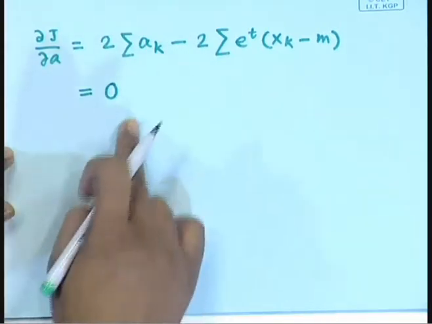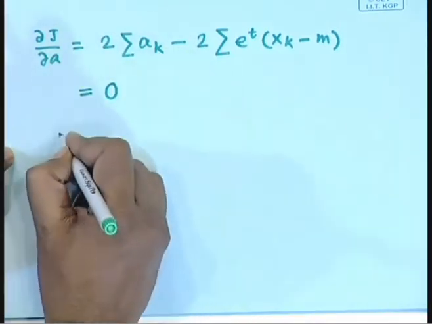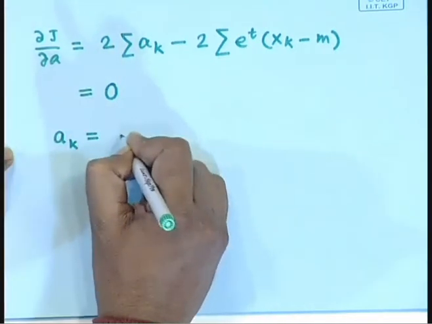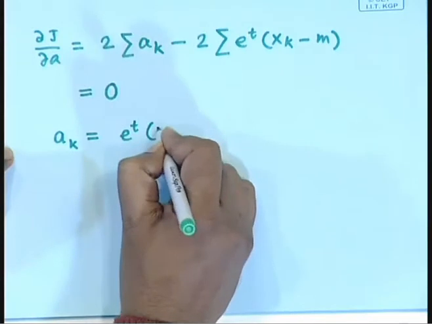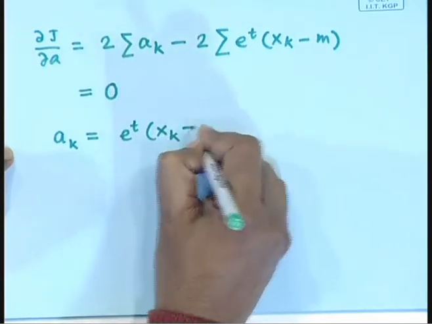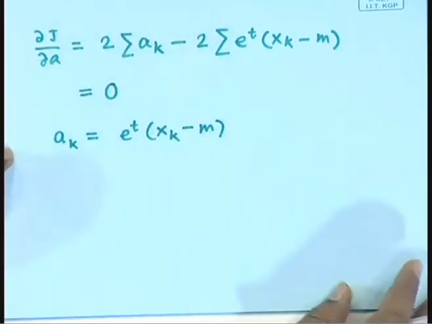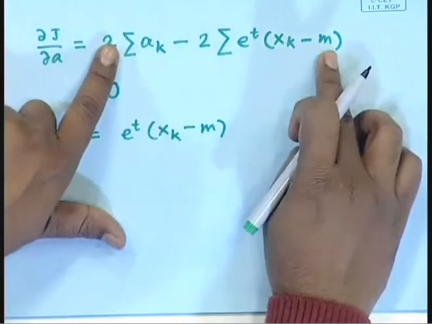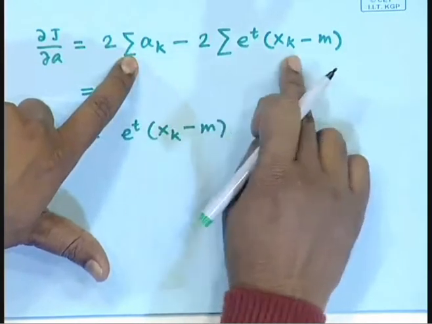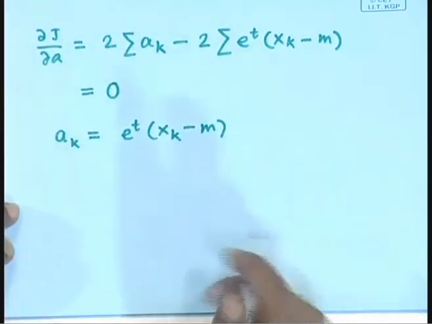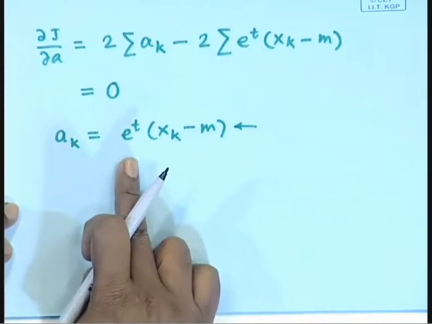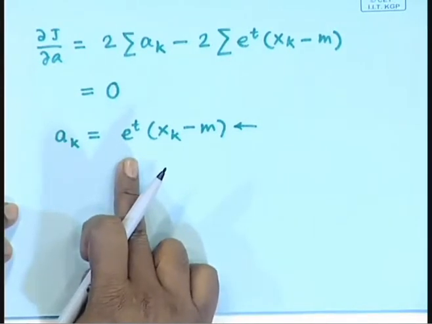Okay. So, when I equate this to 0, I get simply a k is equal to E transpose x k minus m, right. Now, what is this? E is a unit vector in the direction of the line, right.